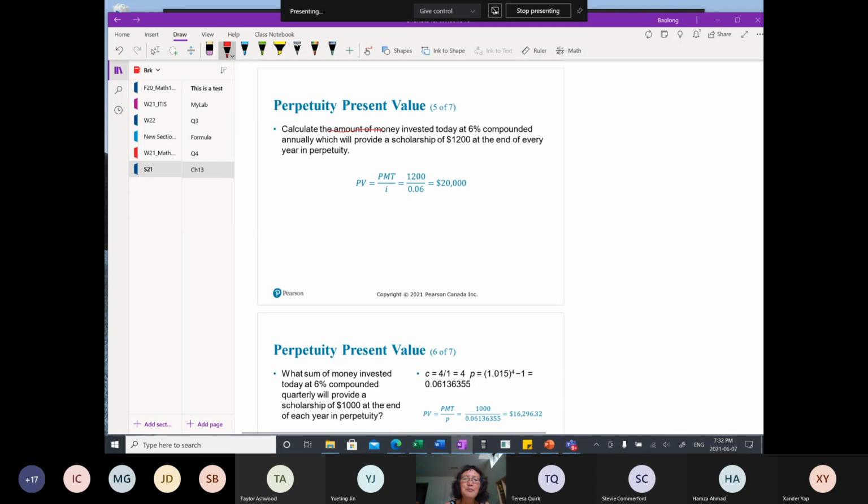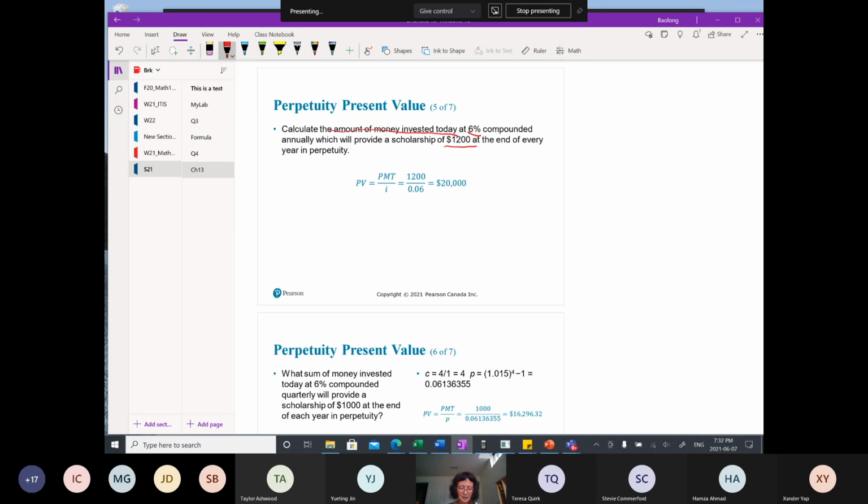Calculate the amount of money invested today at 6% compounded annually, which will provide a scholarship of 12,000 at the end of every year in perpetuity.